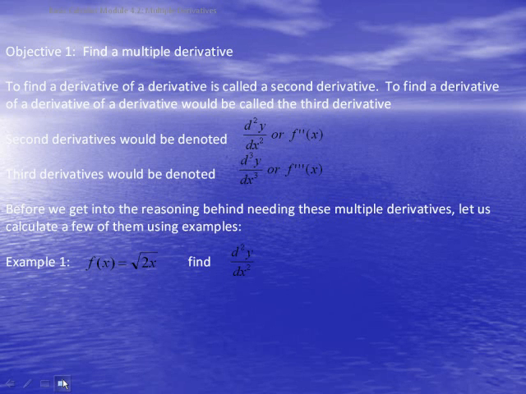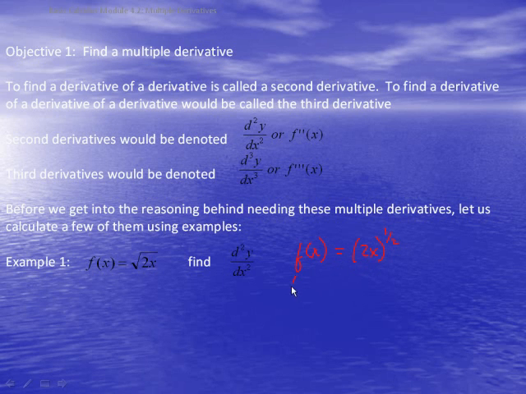So in example 1, we are given f of x is equal to the square root of 2x, and we need to find the double derivative. If f of x is equal to the square root of 2x, then we can rewrite that as 2x to the 1/2 power.